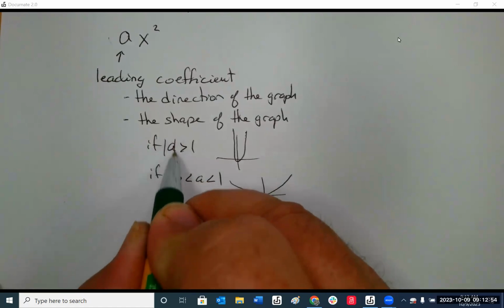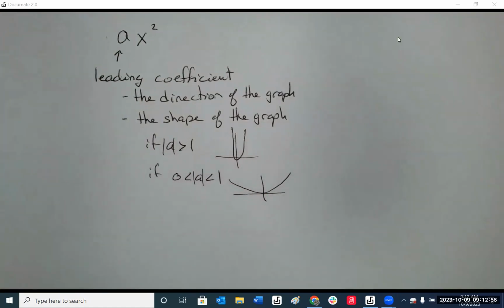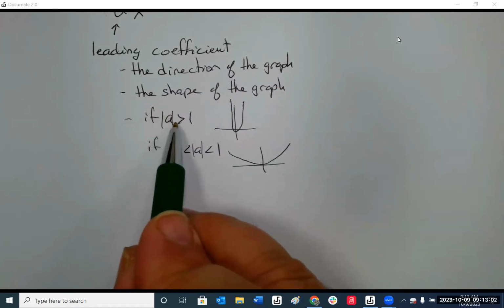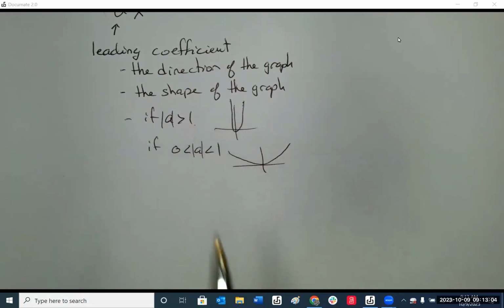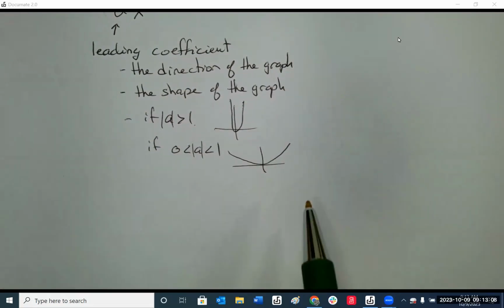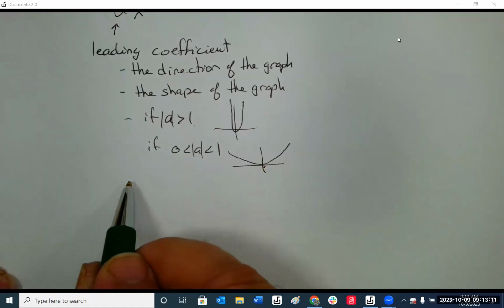This actually should be the absolute value of a, because the size of it is important. So if the integer is greater than 1, then it's tall and skinny. If it's between 0 and 1, like a decimal or a fraction, it's short and fat.